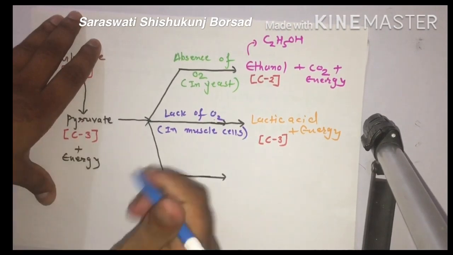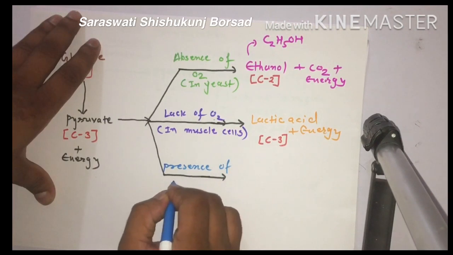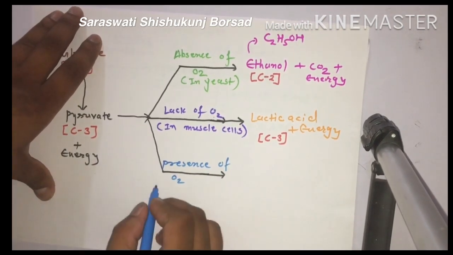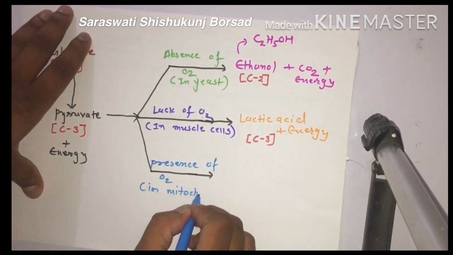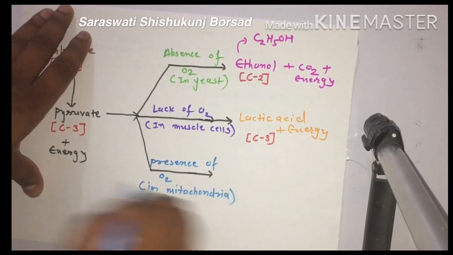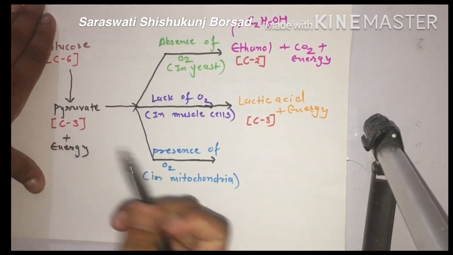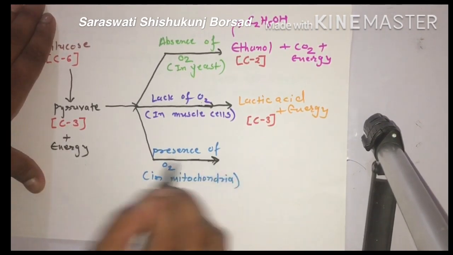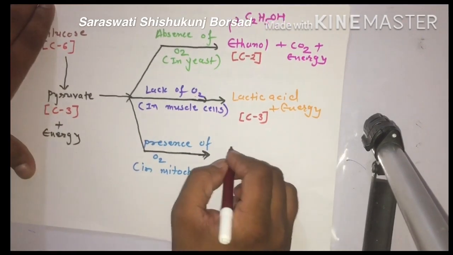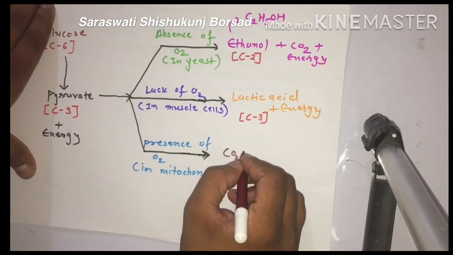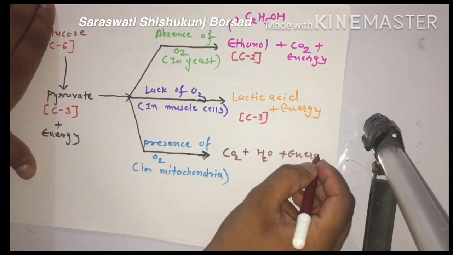Now the third one is done in presence of oxygen, and in presence of oxygen it is done in mitochondria. If there is breakdown of this glucose in presence of oxygen and in mitochondria, we will get carbon dioxide plus water plus energy.